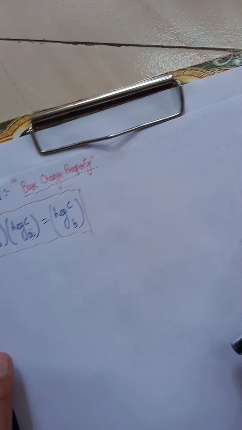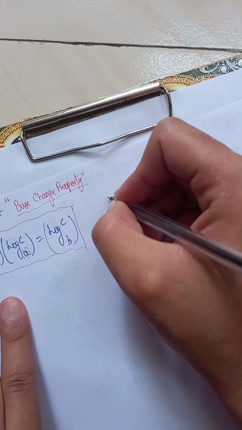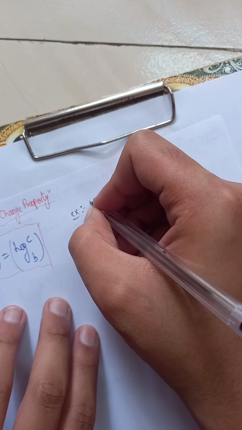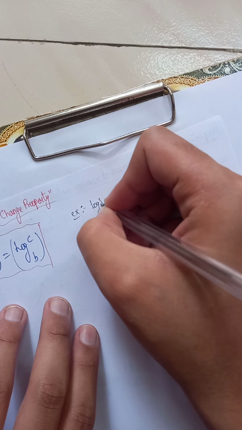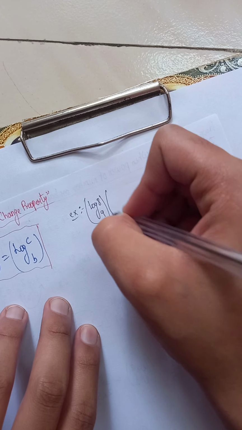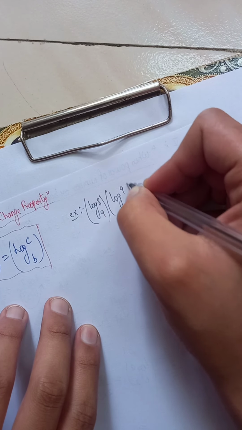Now let's do an example based on this point. Example: log 8 to the base 9 into log 9 to the base 2.